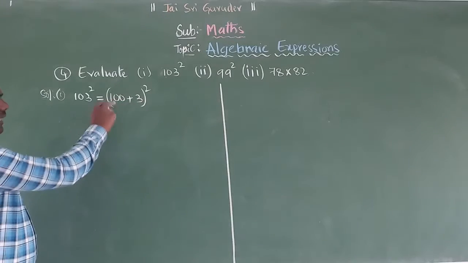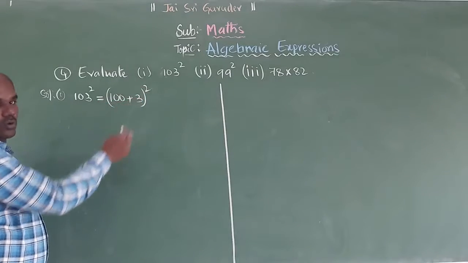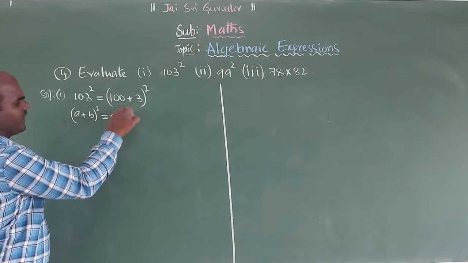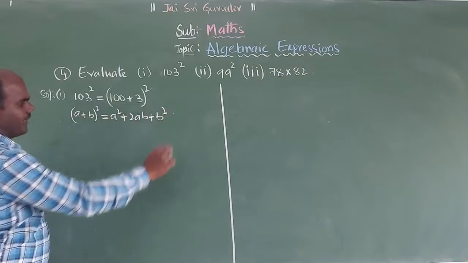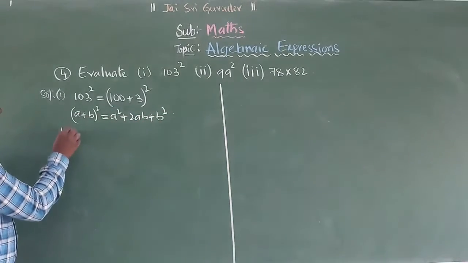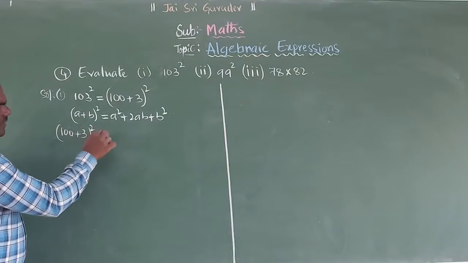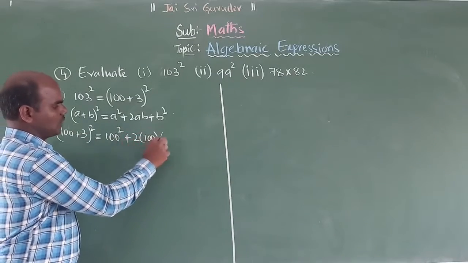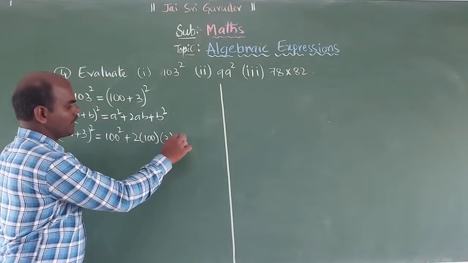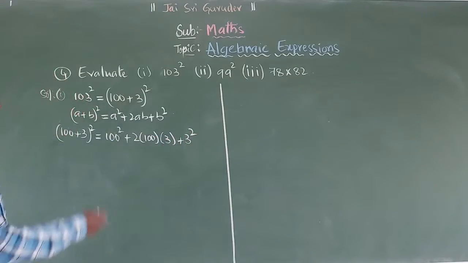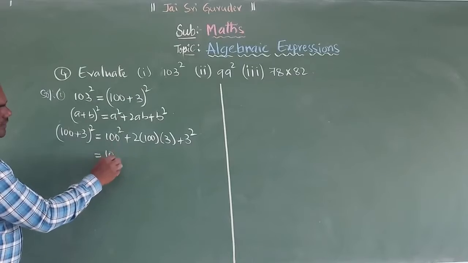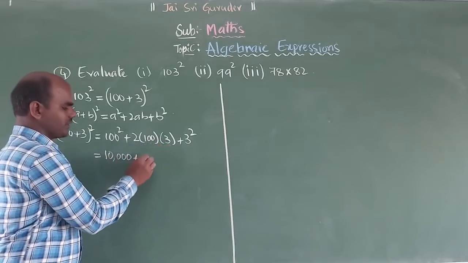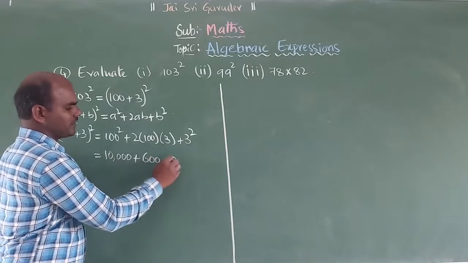Now, observing this in the form of (a plus b) whole square, that is (a plus b) whole square is equal to a square plus 2ab plus b square. So based on that, (100 plus 3) whole square is equal to 100 square plus 2 into 100 into 3 plus 3 square. 100 square is 10,000, plus 2 into 100 is 200, 200 into 3 becomes 600, plus 3 square is 9.